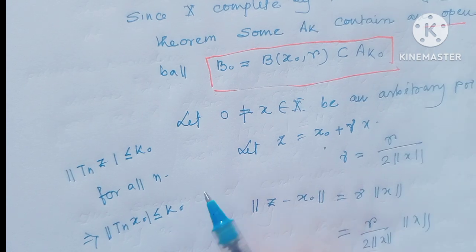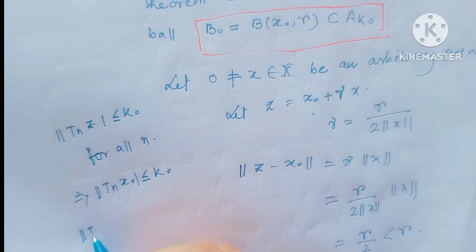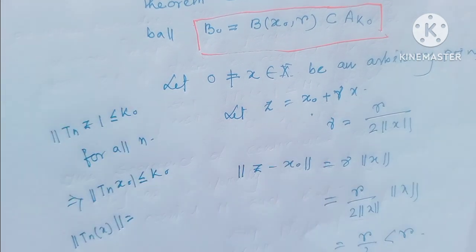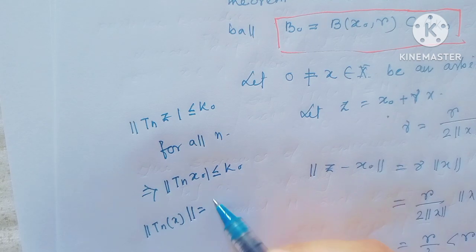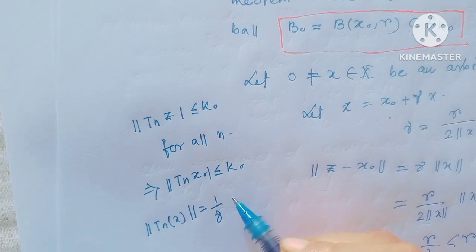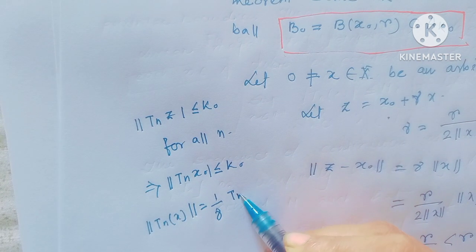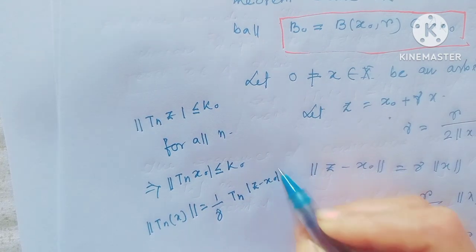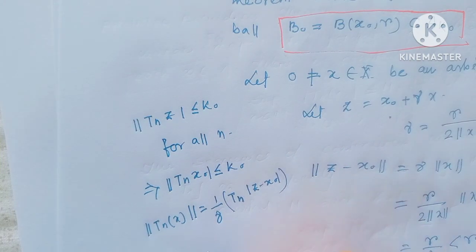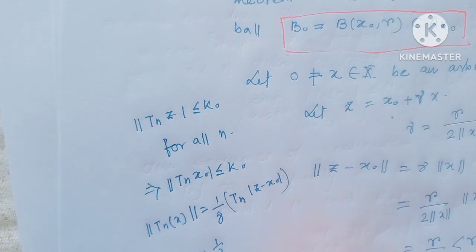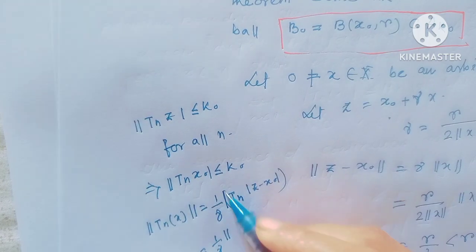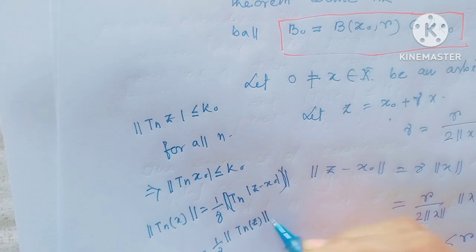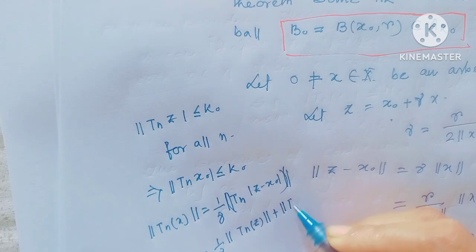Therefore norm of Tn x equals 1 over gamma norm Tn of z minus x0, and this is less than or equal to 1 over gamma times norm Tn z plus norm Tn x0.